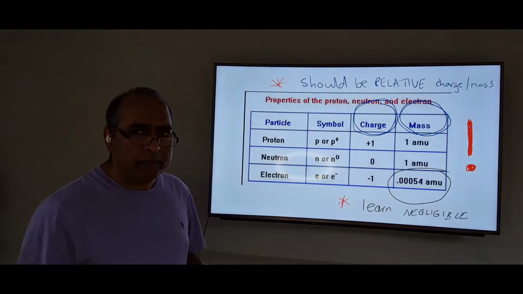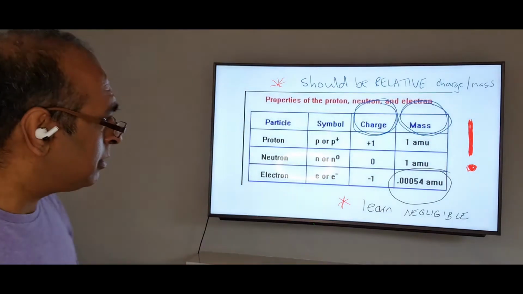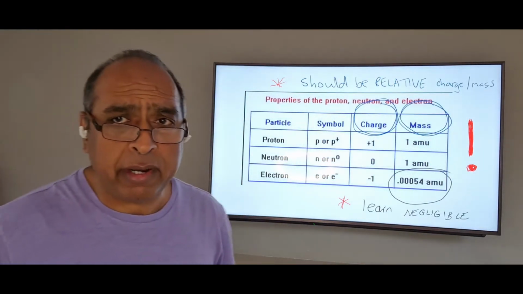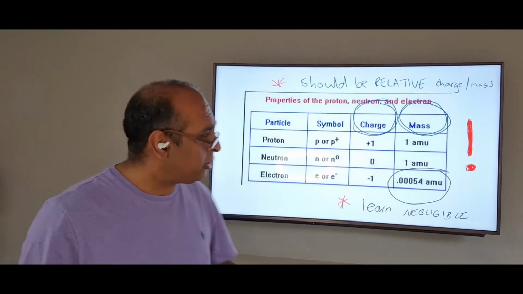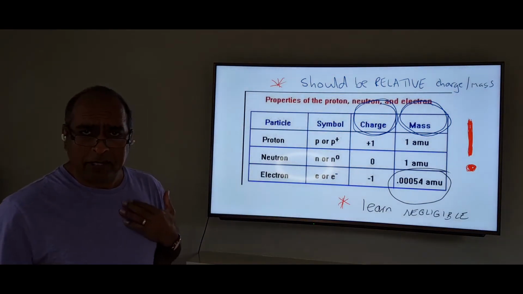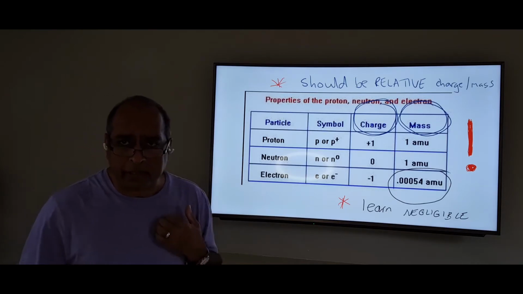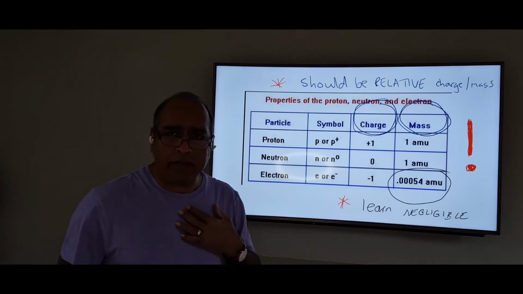So let's have a look at the proton, neutron, electron. Let's look at their properties. Now, you might see diagrams like this. I was surprised when I went on the internet to try and find a suitable table. I could not find a table that was, in my opinion, of the format that I would like.